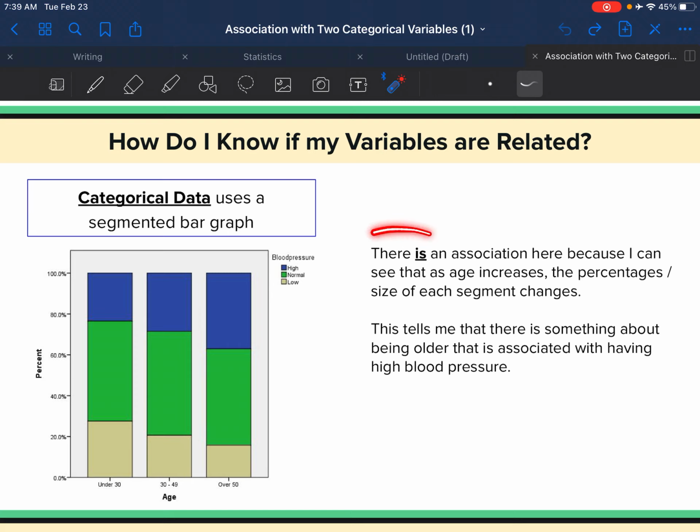So that tells me that there is an association here, because you can see that as your age increases, the size of each of the segments changes. So it's like bigger here and smaller here, and smaller here and bigger here. So there's something about being older that we know that age and blood pressure are related.